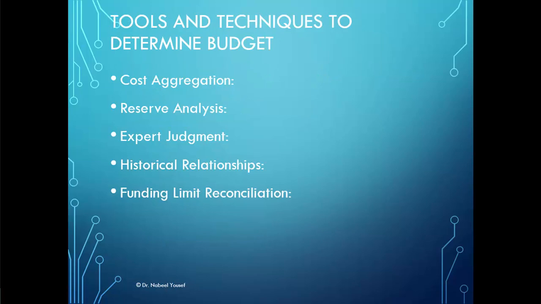The total budget, or the total cost, can be determined using different tools and techniques such as cost aggregation, which is using the work breakdown structure to estimate for higher activity levels and for the entire project.